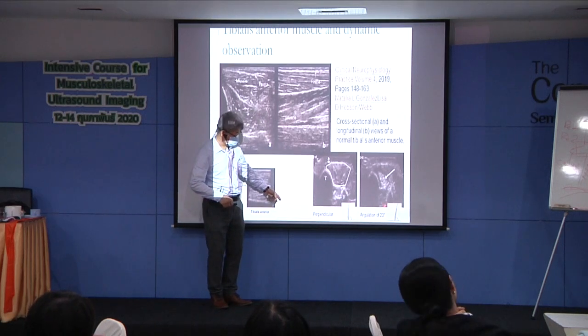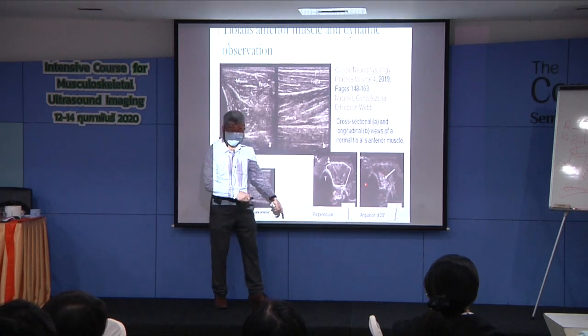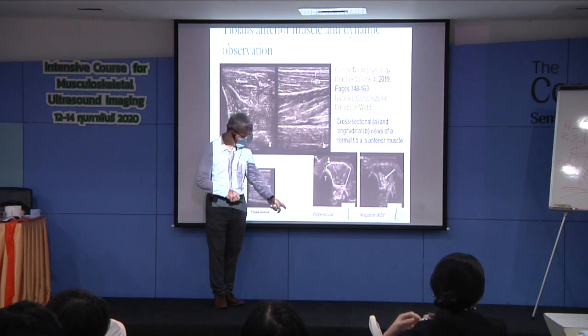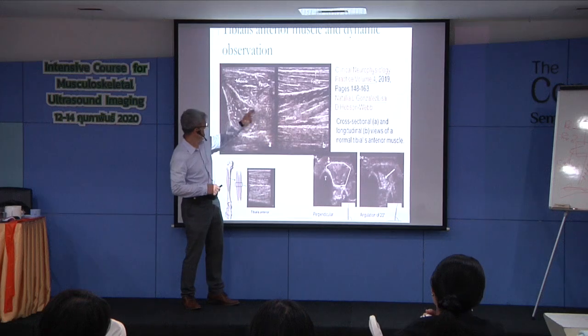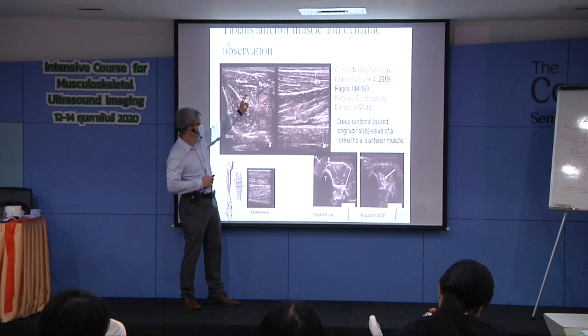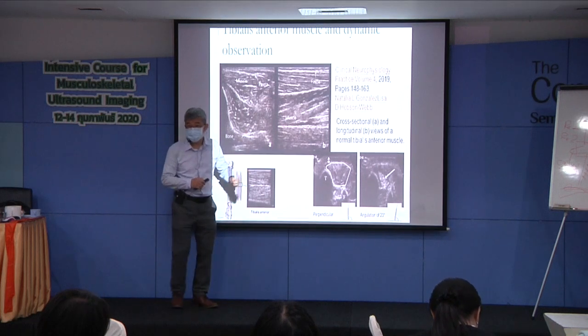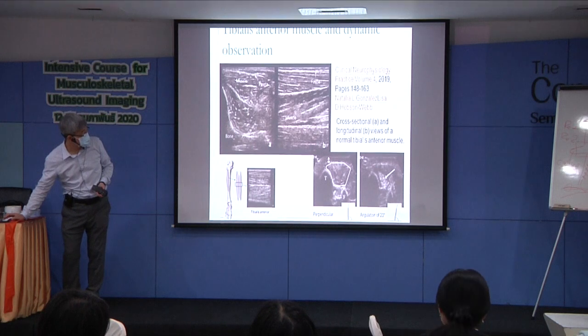Without good skill, you may lose the superficial part, or you may lose the deep part. So you have to use the correct angle to check both the superficial and deep part. Okay? You know how to get the right image by the 7th scale.